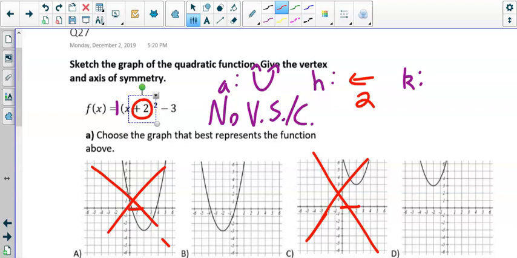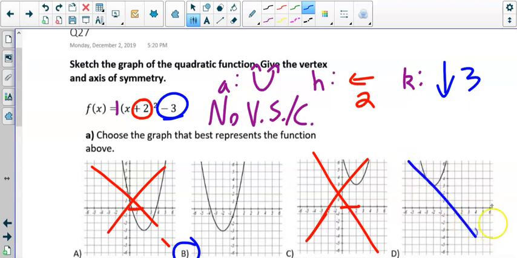One graph moved up, one graph moved down. So what does K tell us up here? So where are we going? Down. How far? 3. Because that's this guy. So which graph moved down 3? Now you know the answer. Because this graph over here, D, moved up 3.